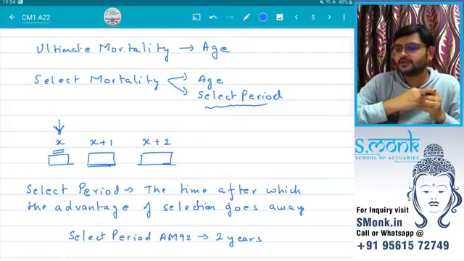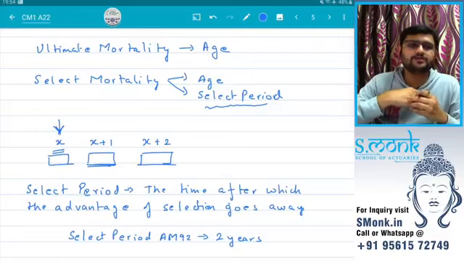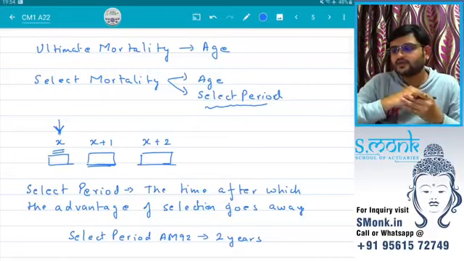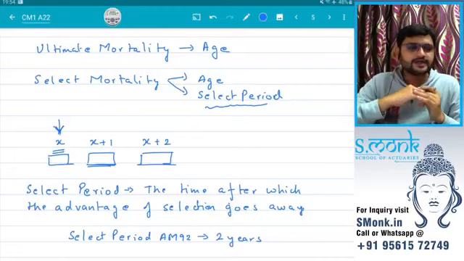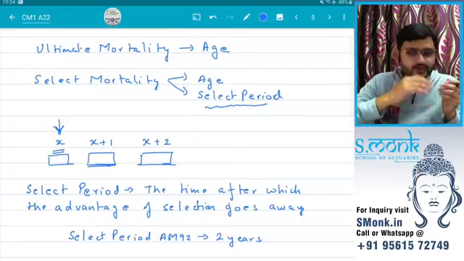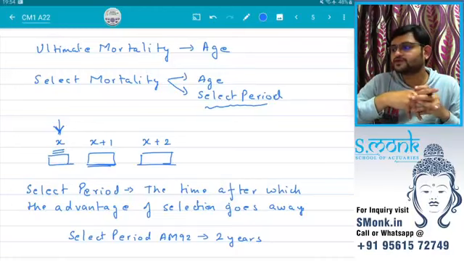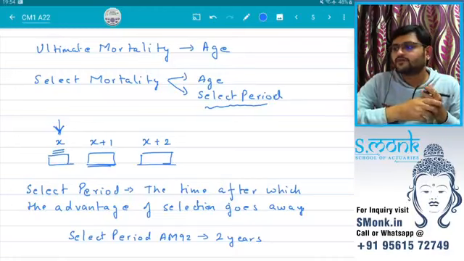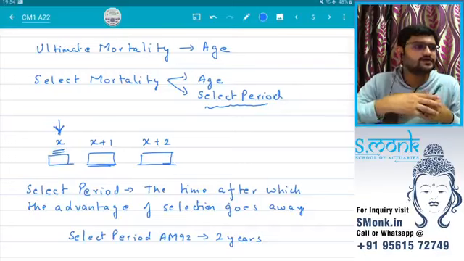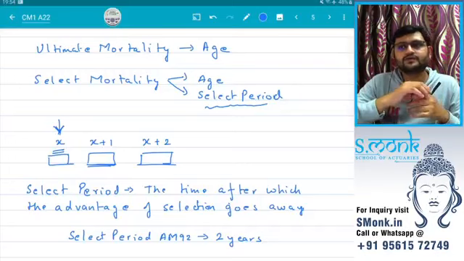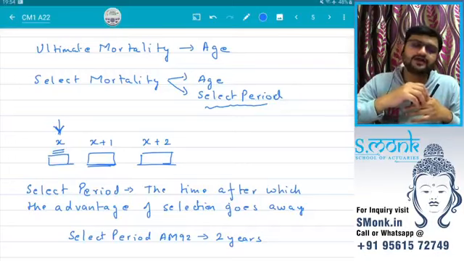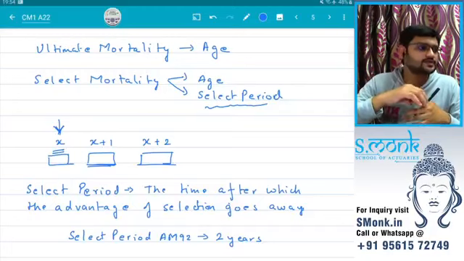So after 2 years, the select and the ultimate tables start giving us the same value. That is what our AM92 table tells us. So we are doing a small screening or whatever. So for 2 years there is a difference in their mortality, but after that the mortality starts becoming the same.